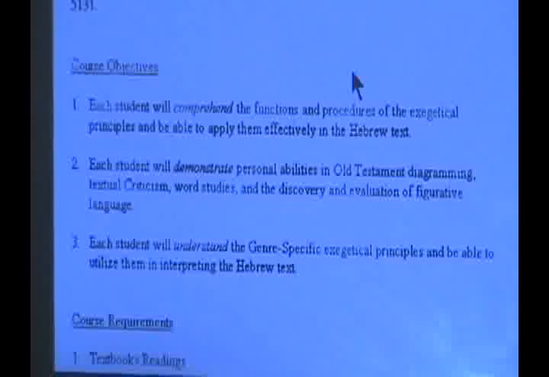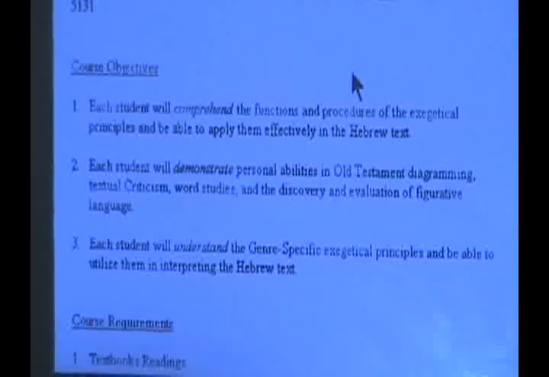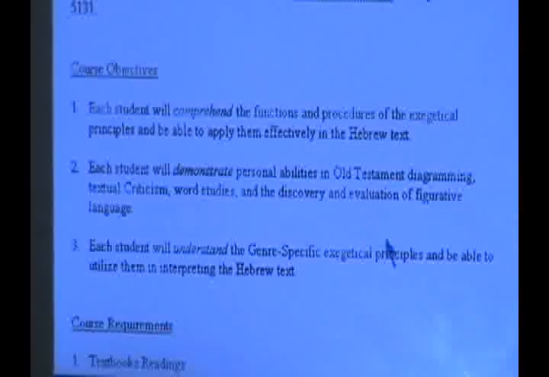So those are some basic objectives. Hopefully we will succeed in all of that.